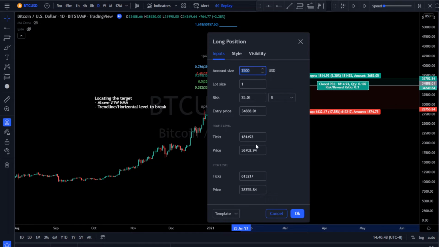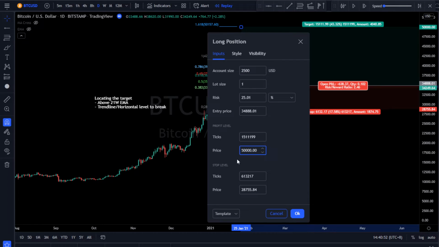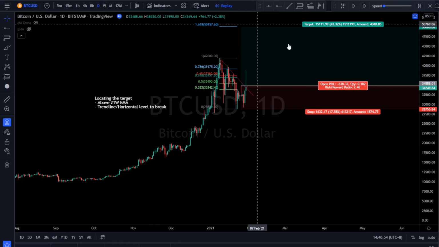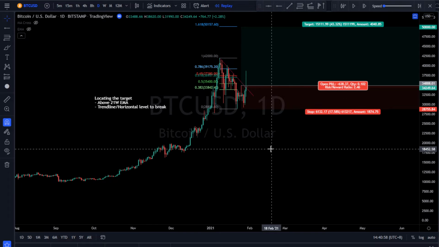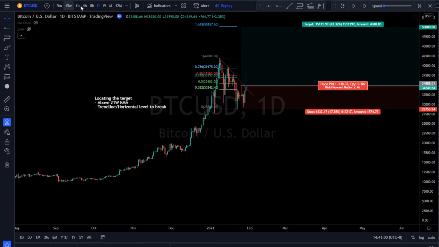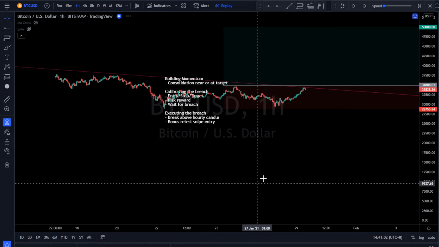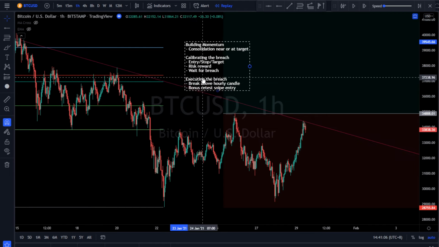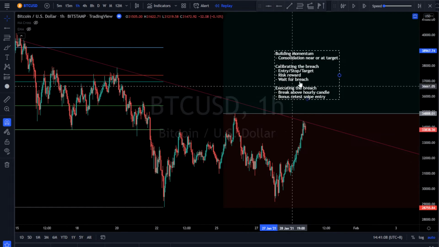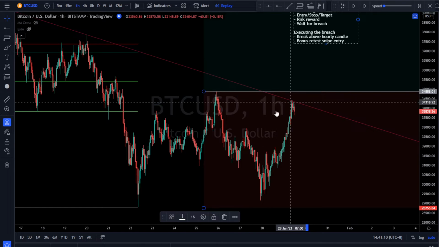So I'll set my profit level at 50,000. Okay, so you got a 1 to 2.46 risk reward, which I think it's okay. And let's zoom back in. Okay, so you set your trade parameters.